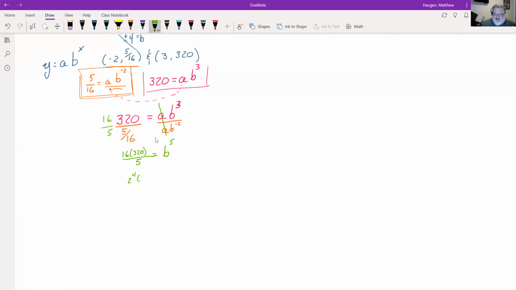This 320 is 32 times 10. 32 is 2 to what power? 5th, right. So that's 2 to the 4th times 2 to the 5th times 2 times 5 over 5. Those 5s cancel. And this is 2 to the 10th is equal to b to the 5th.